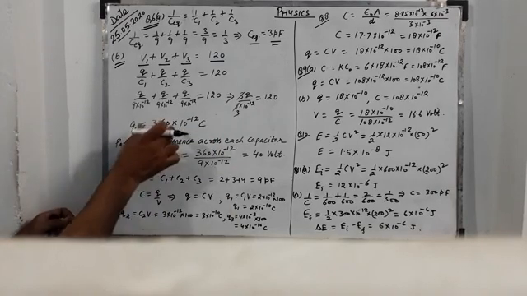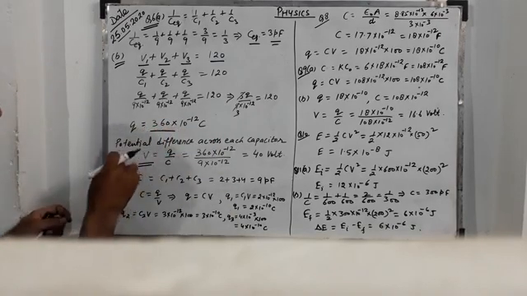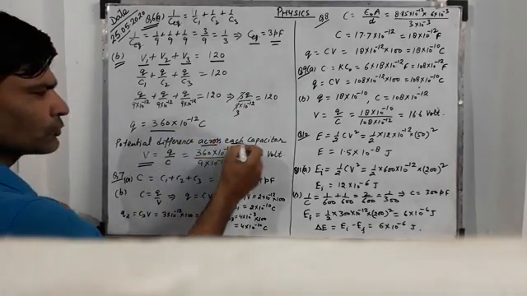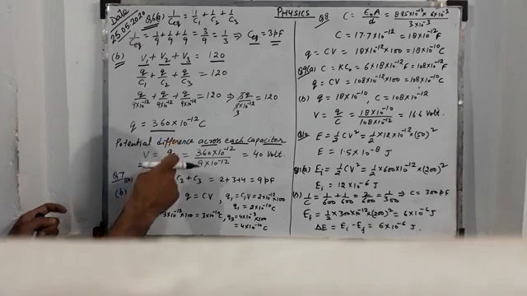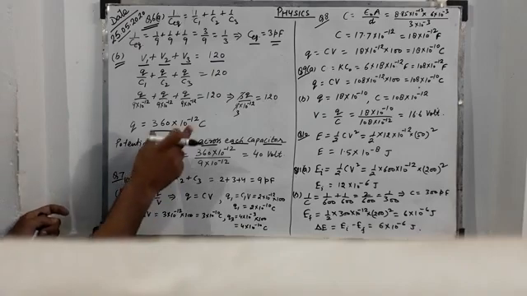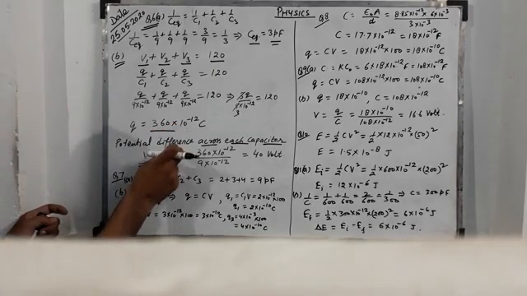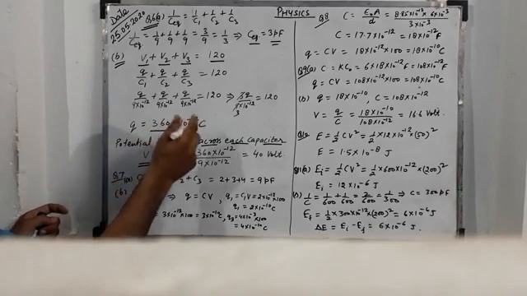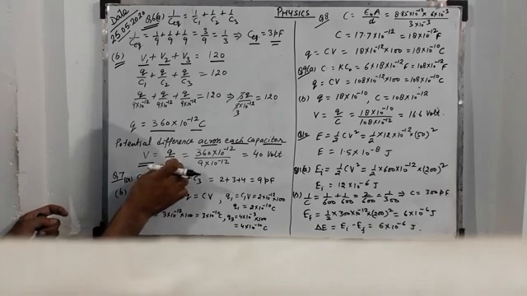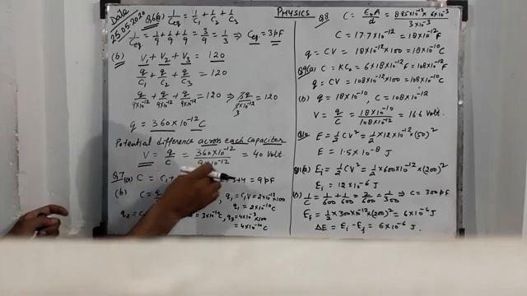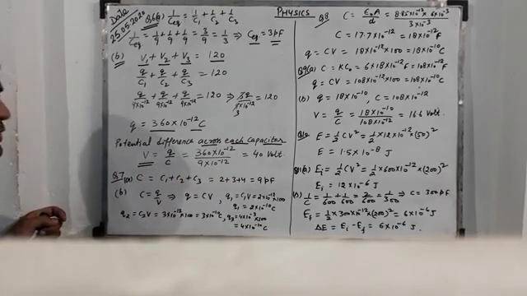Okay. With the help of this, we get potential difference across each capacitor by the formula V is equal to Q upon C, because the charge on each capacitor is 360 into 10 to the power minus 12 coulomb, and the capacitance of each capacitor is 9 into 10 to the power minus 12.